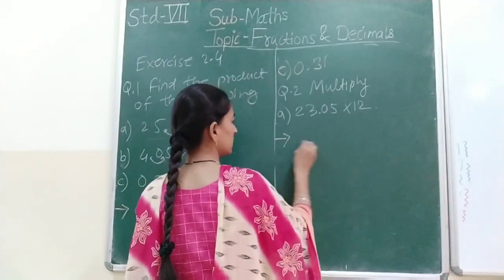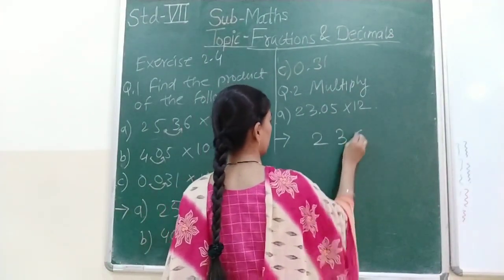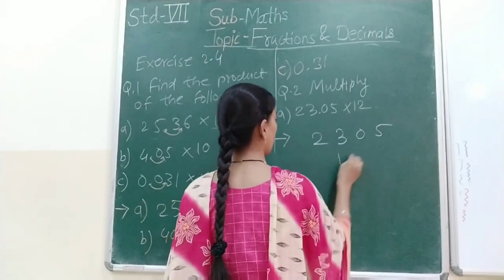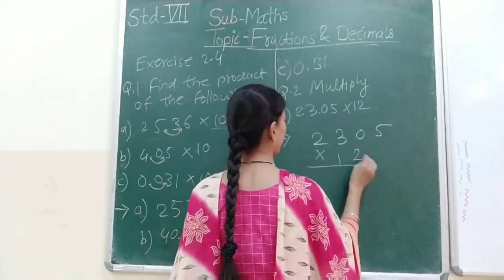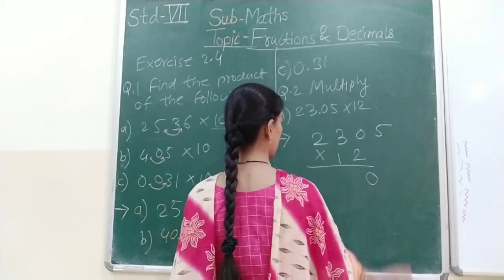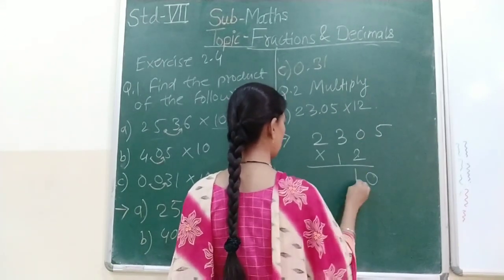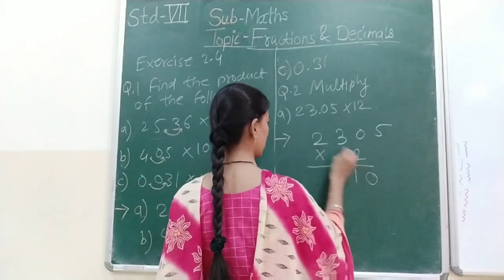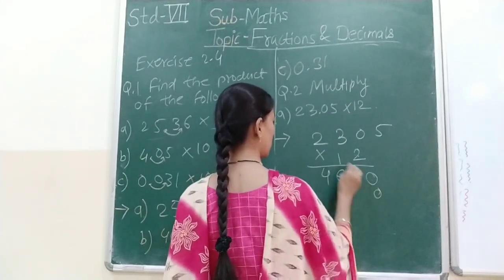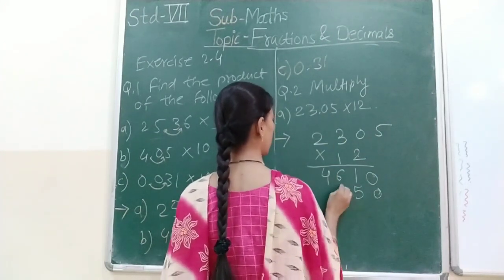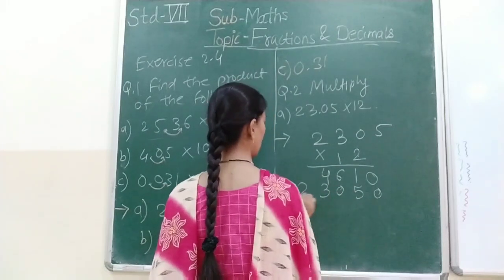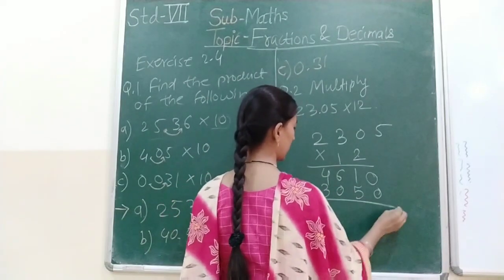Answer. First step is take the number without decimal. Then multiply. 2 5s are 10. Carry over 1. 2 0s are 0 plus 1, 1. 2 3s are 6. 2 2s are 4. Give 0. 1 5s are 5. 1 0 0. 1 3 3. 1 2. Now take the addition.